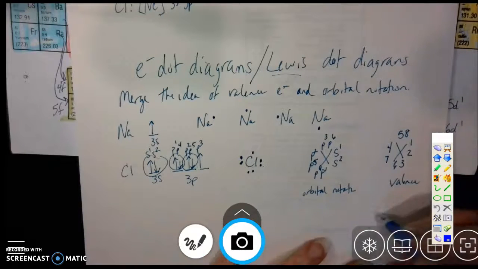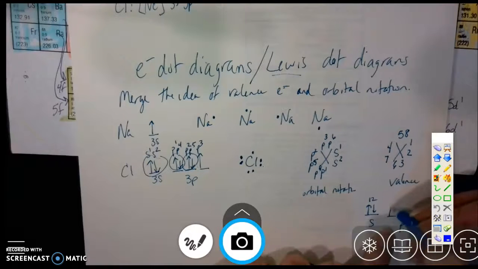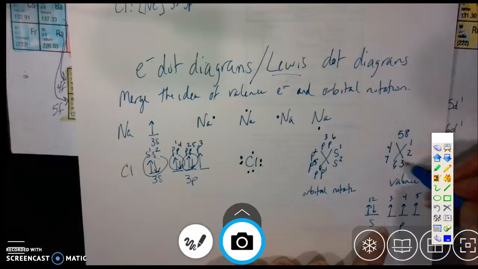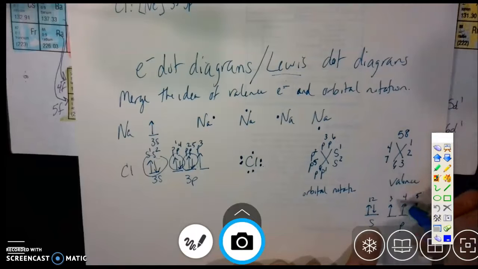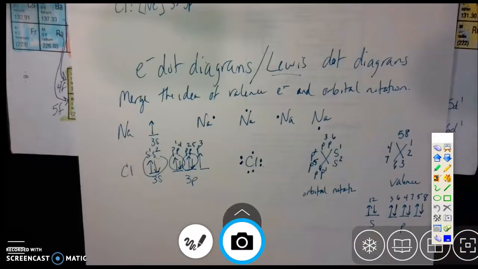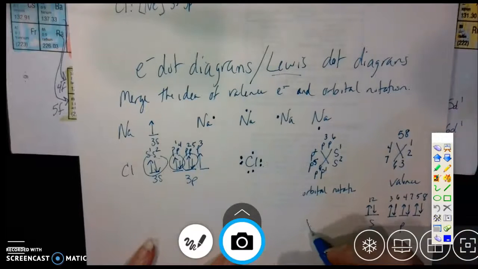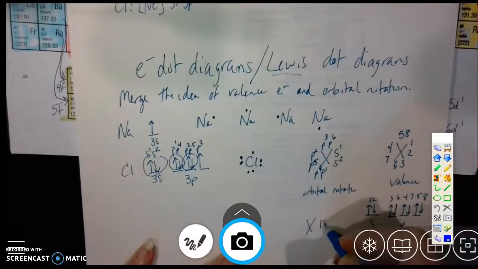And again, that is pairing the order of the S and the P. So if you can think of each of these sides of the box as one of the orbitals.